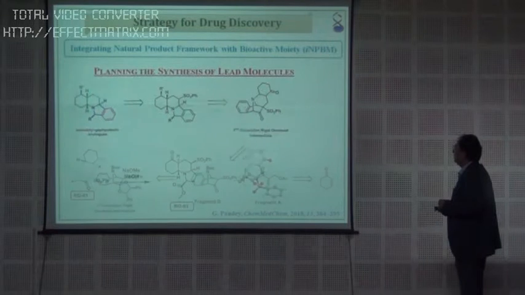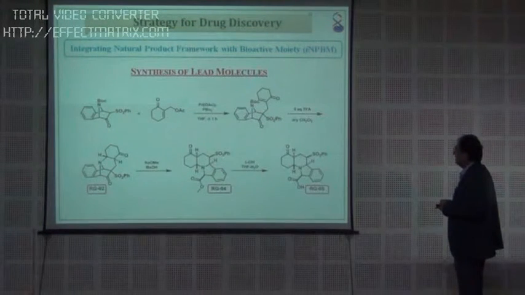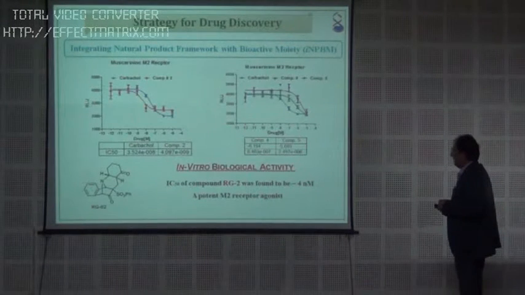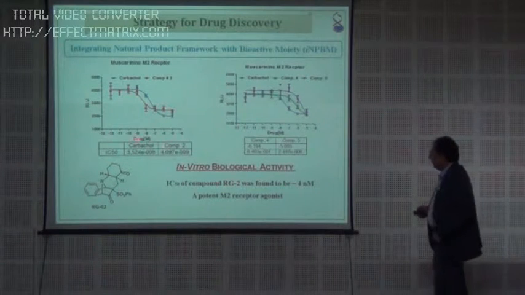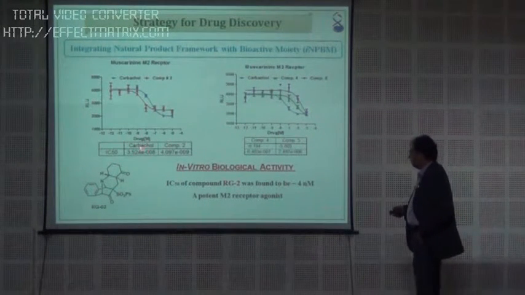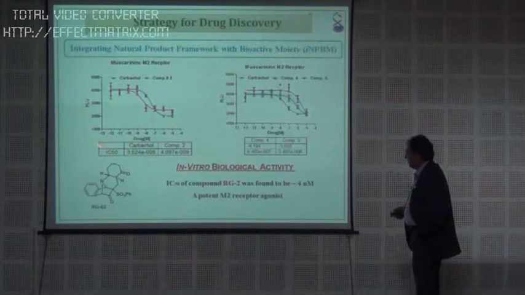I will not tell you this. What we have is a lead molecule, shown here. This is carbachol, which is a drug used as a muscarinic agonist, and we have a compound which is synthesized.